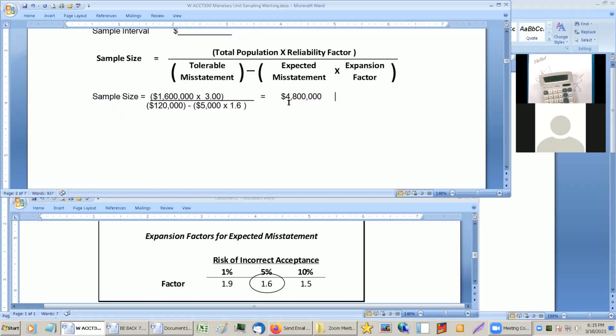Okay, underneath here, 120,000 minus that. So let's take this is 8,000. The 5,000 times 1.6 is 8. Okay, so there's 8,000. And then the subtraction of that will be 112,000, sorry.